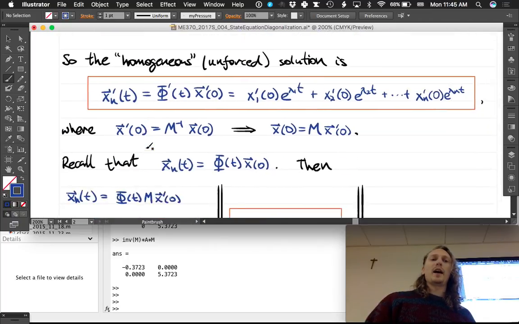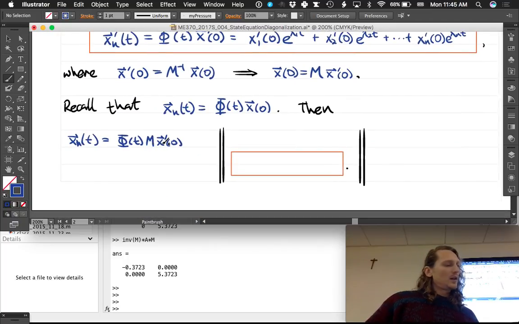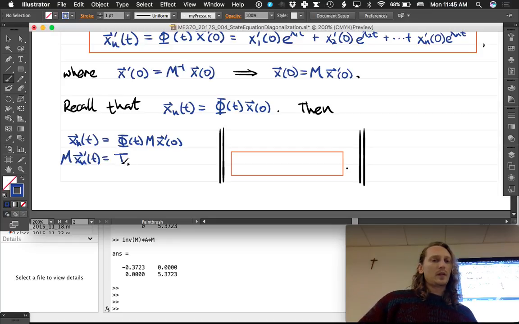So we can use that on the left-hand side, and we can say that m x homogeneous prime of t equals, same thing on the right-hand side, phi of t, m x prime of 0.